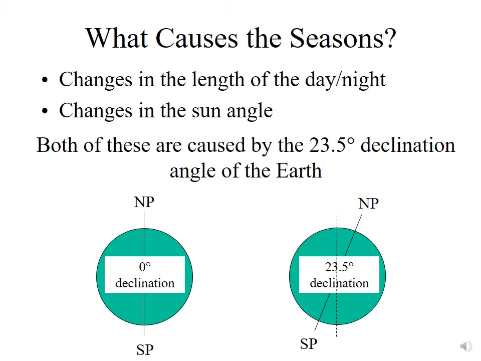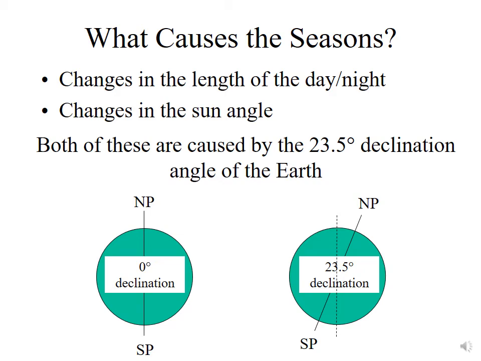So essentially, if we had a 0 degree declination, as shown in the bottom left, as we orbit the sun, we wouldn't have seasons because every place on the planet would be illuminated by 12 hours of sunlight and 12 hours of darkness during the day, and the sun angle would only be a function of latitude. But because we have a 23.5 degree tilt, that apparent solar angle varies throughout the year.